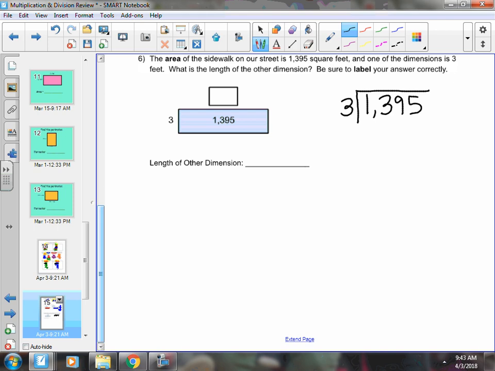So I'm thinking groups of 3, groups of 3. 3 cannot fit into 1, but 3 can fit into 13 4 times. Multiply. 4 times 3 is 12. Subtract. Bring down. Oops, my smartboard's going real slow.